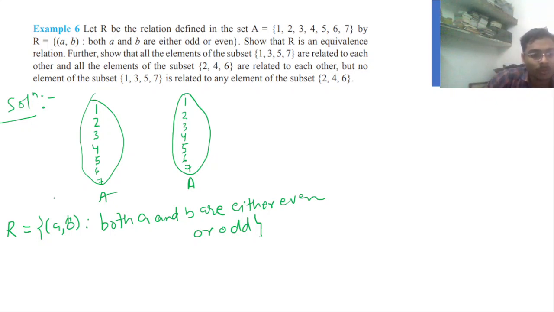If we write this relation in roster form, this is the set-builder form, which means they are explaining it that way.